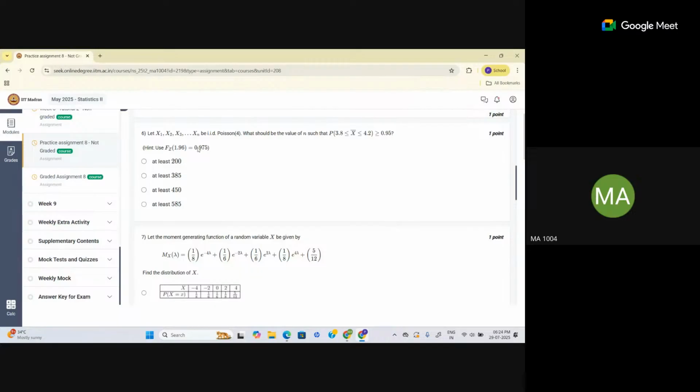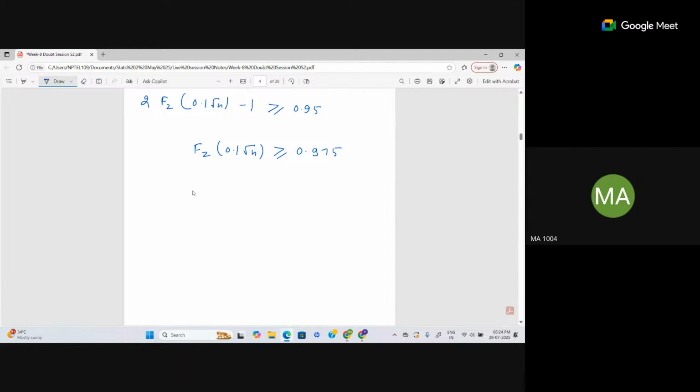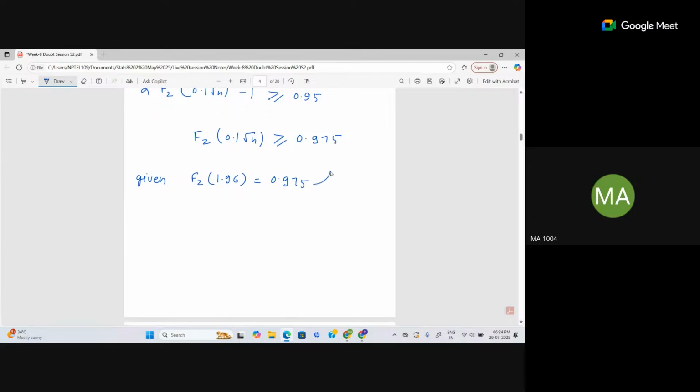Now you can see in the question we are given this value: Fz of 1.96 is equal to 0.975. Now we can put this value here. So Fz of 0.1 root n is greater than or equal to Fz of 1.96.